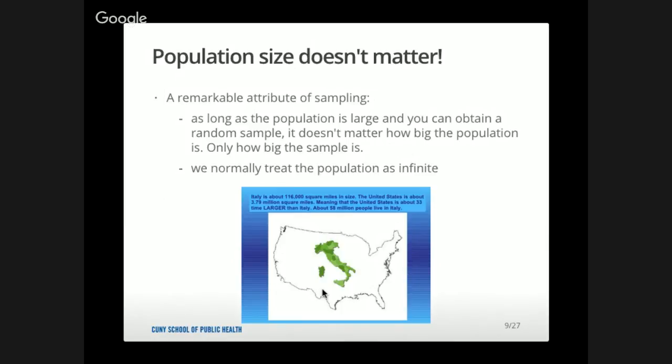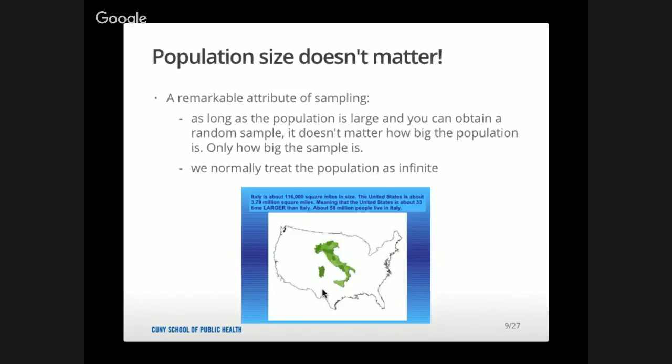It's only the sample size. So if you take a sample of 100 people from the US or from Italy, calculate confidence intervals, other statistics, they will be exactly the same in spite of the different populations.